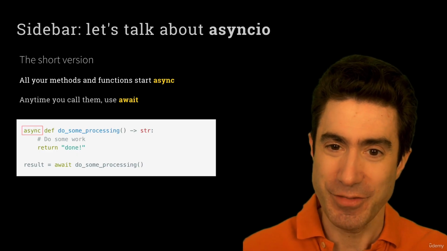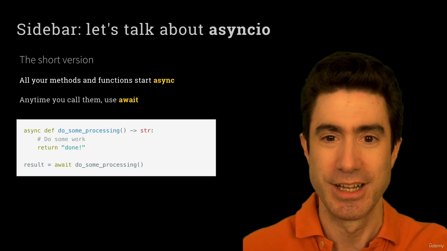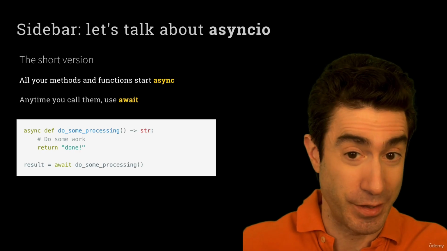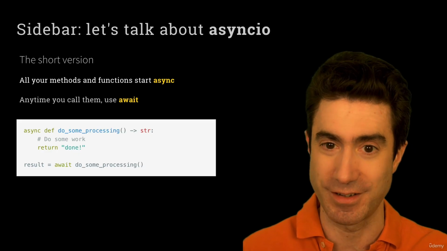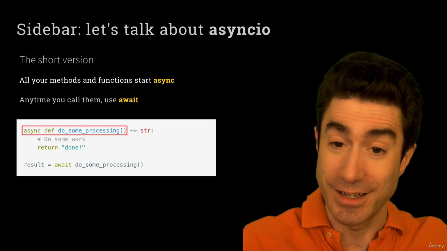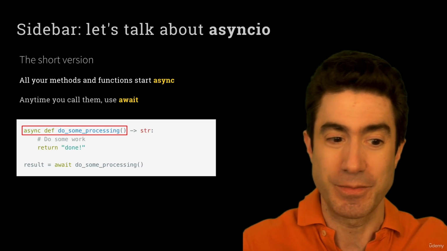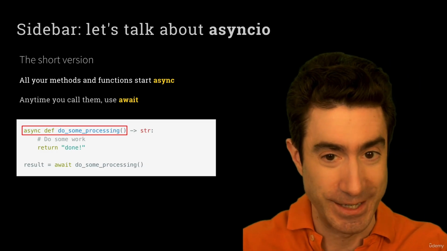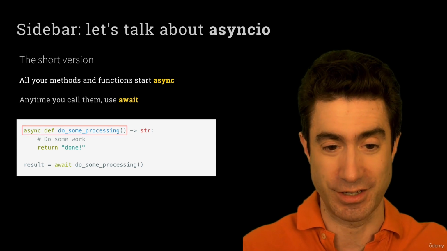Anytime that you have a function which is potentially going to be able to run in a way that allows other things to happen concurrently, you simply put the word async before it, like this: async def do some processing. So def do some processing becomes async def do some processing. That's how you say this is a function which can run asynchronously.